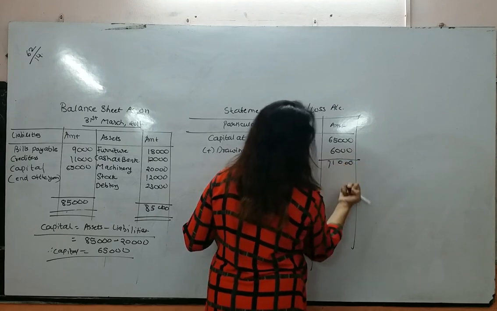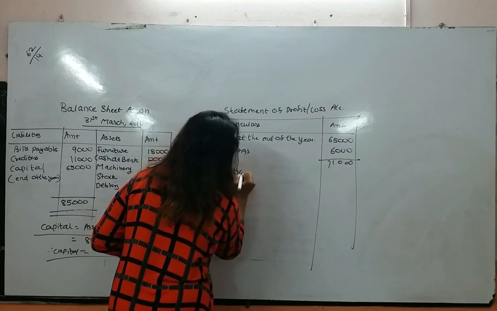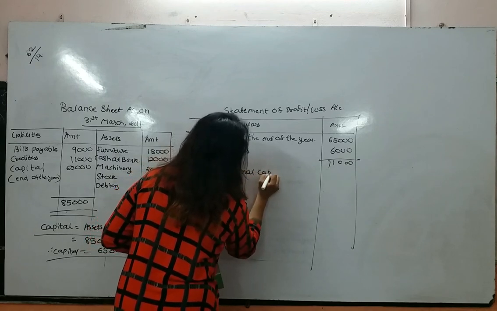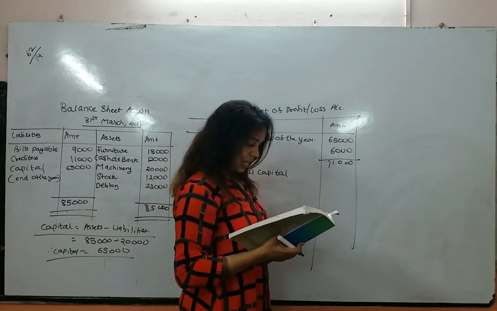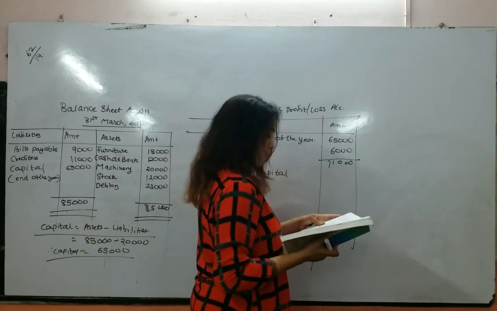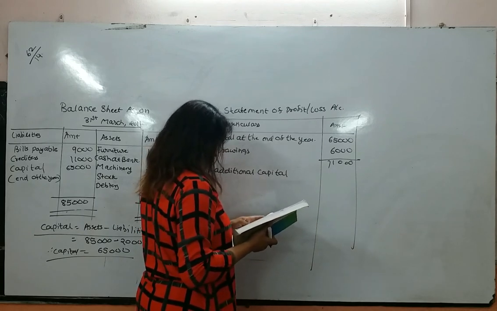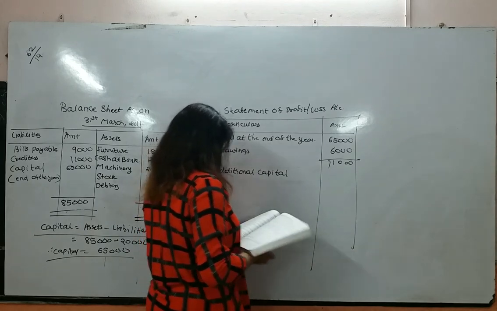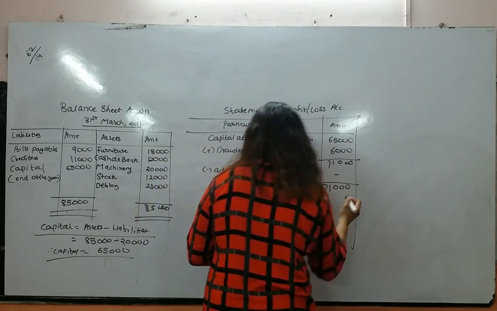So 71,000. Less additional capital. Do we have additional capital over here? We don't have any additional capital over here, right? We don't have. 71,000.